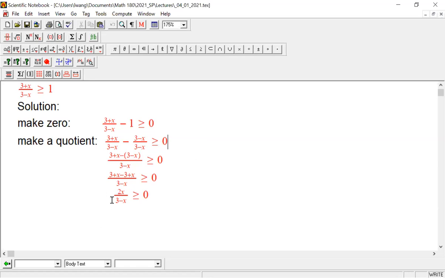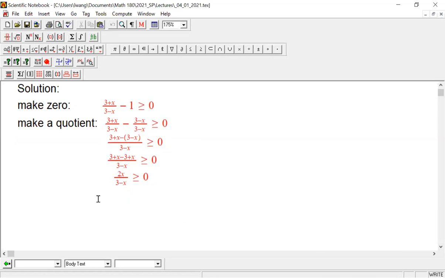So by this time, we have a single quotient. If you are like me, you want to simplify everything to the simplest possible, so you probably go one more step.